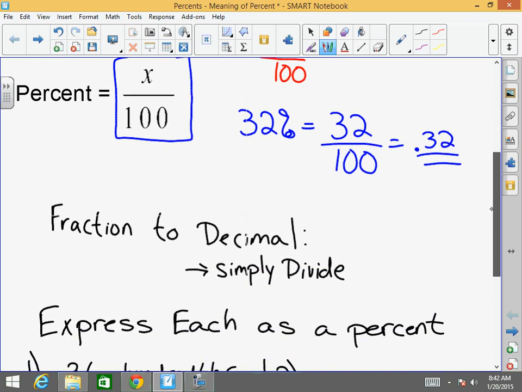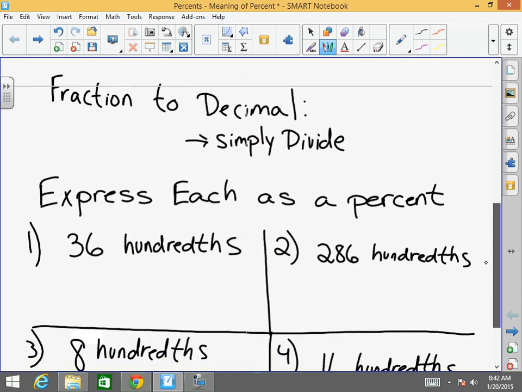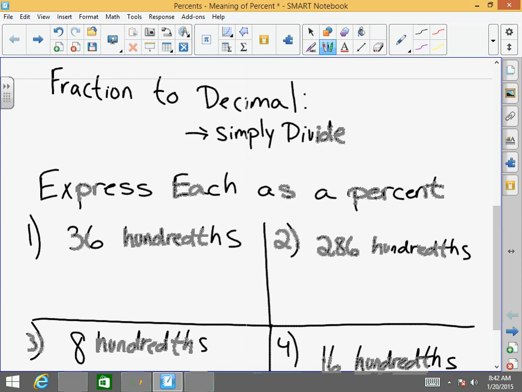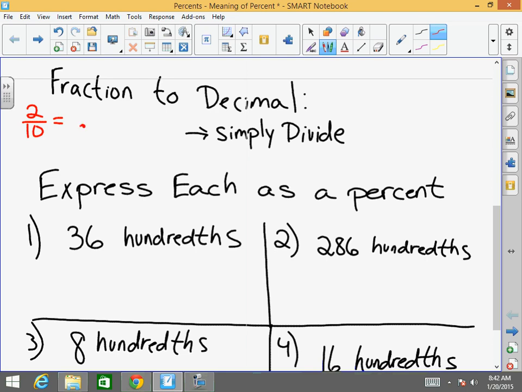So, let's go back to the past a little bit. Remember that when we're going from a fraction to a decimal, you can either read the fraction if the denominator is a multiple of 10, or you simply divide. What am I talking about? If I give you, for example, 2 over 10, how do I read that properly? That's 2/10. So how would I put that as a decimal? 0.2.